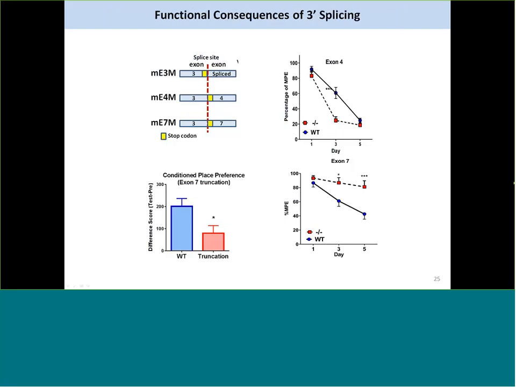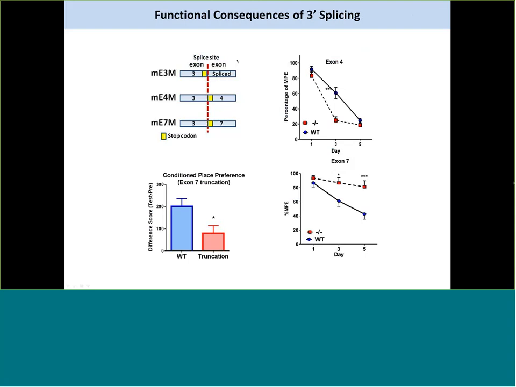This leads us to the question of how to examine the 3' splicing and the role of 3' splicing in opiate actions. To do this, we actually generated some additional mice, and we'll talk about two of them, the E4M and the E7M.